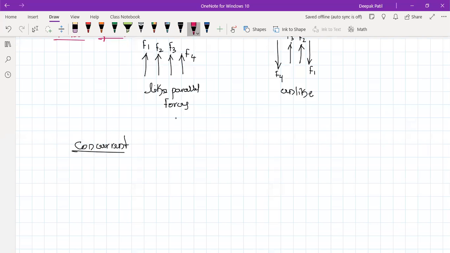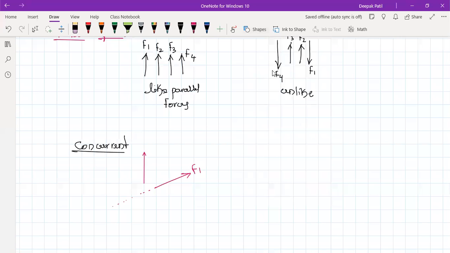Concurrent. Let me explain that. When the line of action of all the forces passes through a common point, such a system is called a concurrent force system. Let me give you an example. Let us say this is force F1, let this have some line of action, something like this.